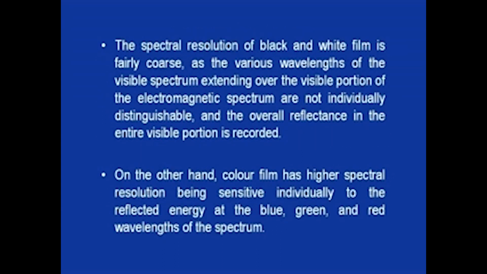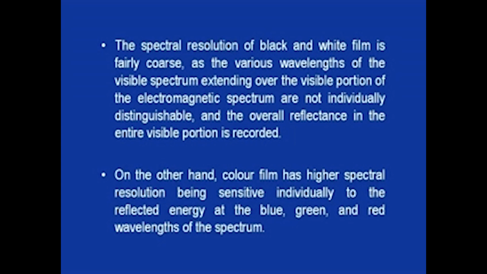The spectral resolution of black and white film is fairly coarse, as the various wavelengths of the visible spectrum are not individually distinguishable, and the overall reflectance in the entire visible portion is recorded.